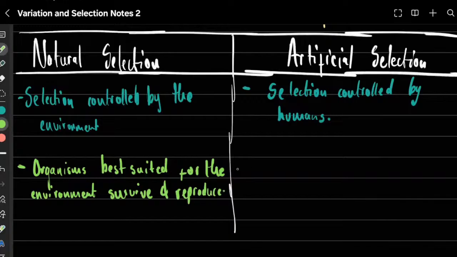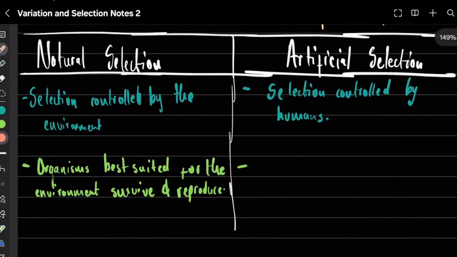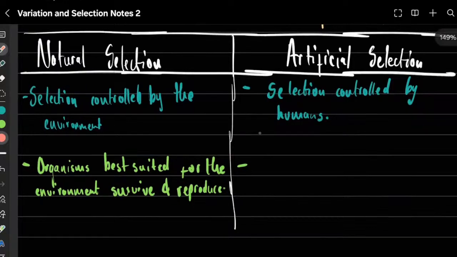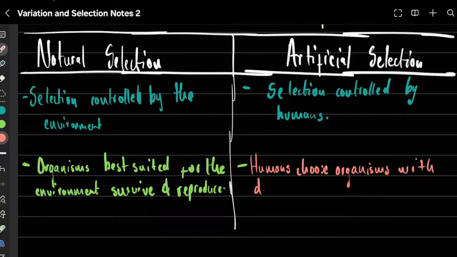Artificial selection, humans choose organisms with desirable characteristics and breed them together.